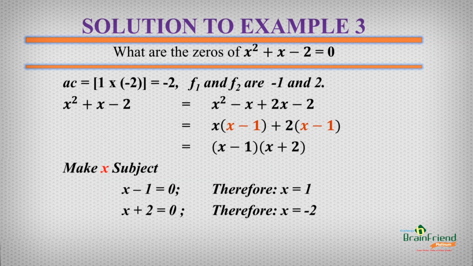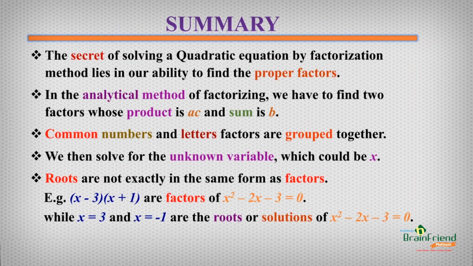Now, having done this, let's now summarize the things we've learned so far. We learned that the secret of solving a quadratic equation by factorization method lies in our ability to find the proper factors.